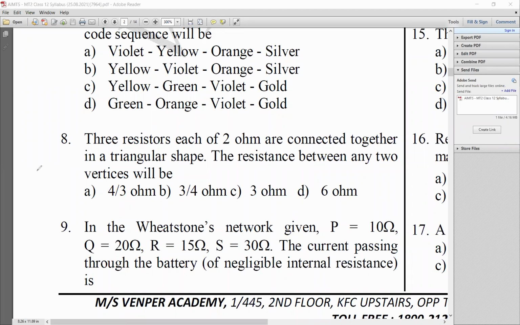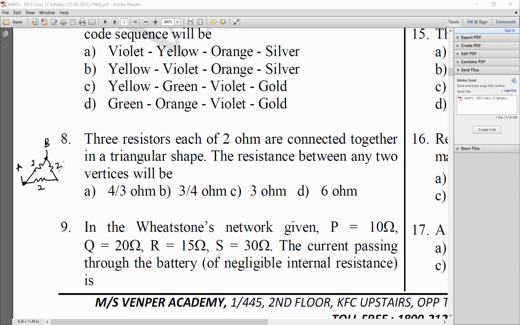Let's say there are three resistors somewhat like this, connected in a triangular shape. Each of 2 ohm: this is 2, this is 2, this is also 2. The resistance between any two vertices, let's say between A and B, I want.